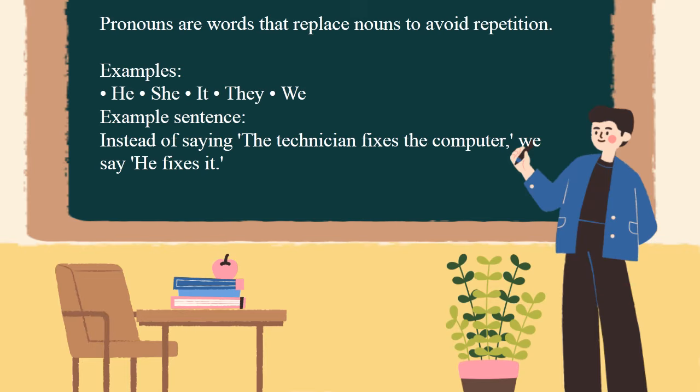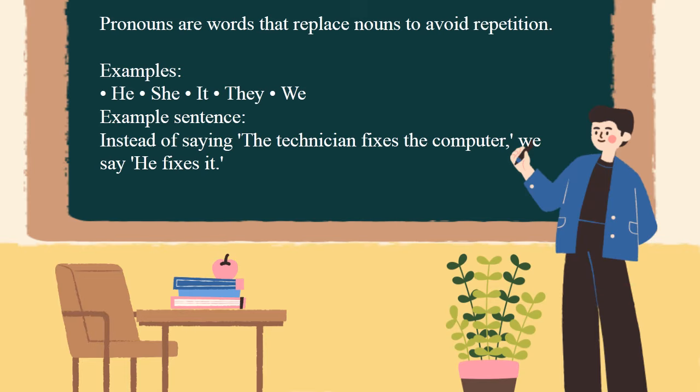So rather than repeating a noun so many times, which may cause redundant or heavy language, it's better to replace it with a pronoun when mentioning it for a second or third time. For example, instead of saying "the technician fixes the computer," we can say "he fixes it." This makes our speech smoother and more natural.